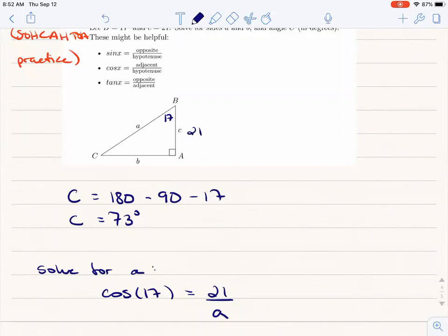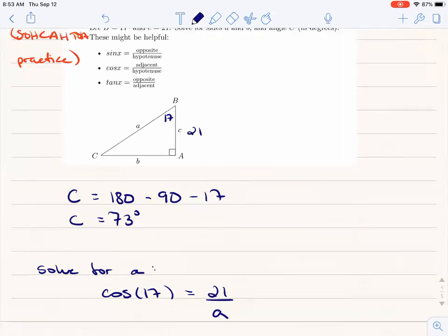The only thing I forgot with this was, when you're deciding which angle to use for cos, you just use the angle that's between the adjacent and hypotenuse. So for 17, is that how you decide? Yes.